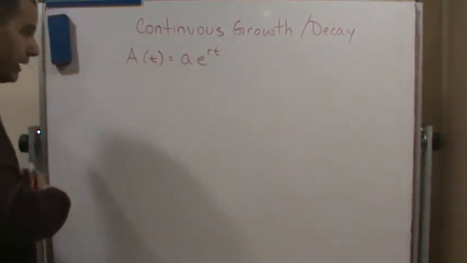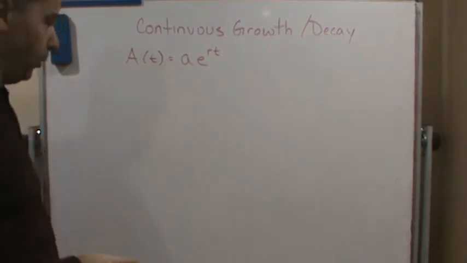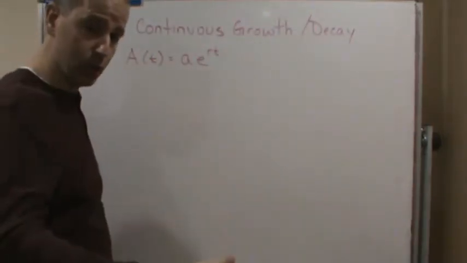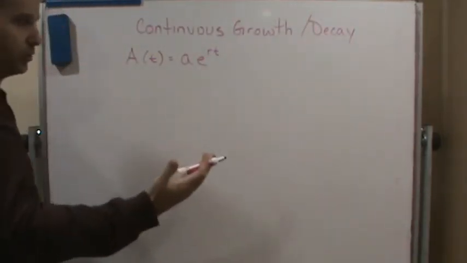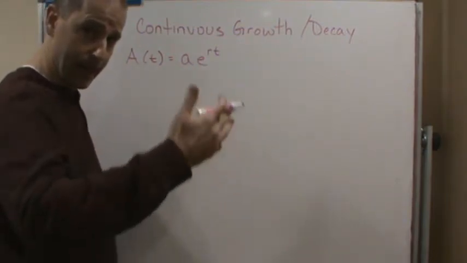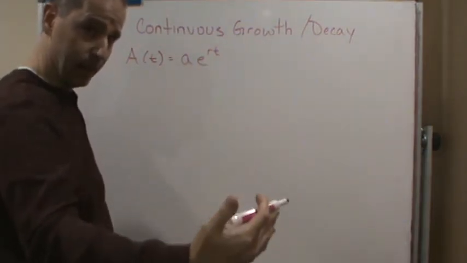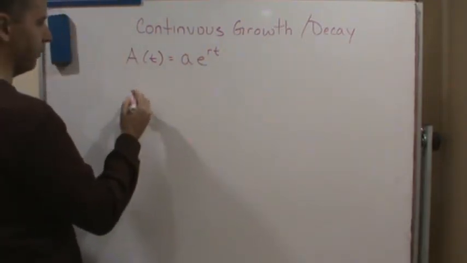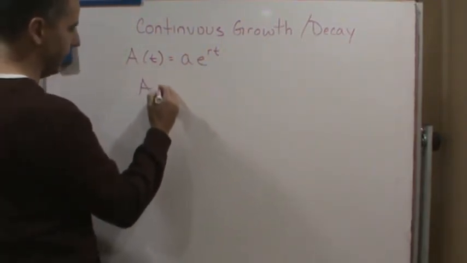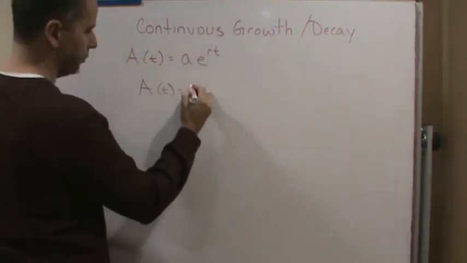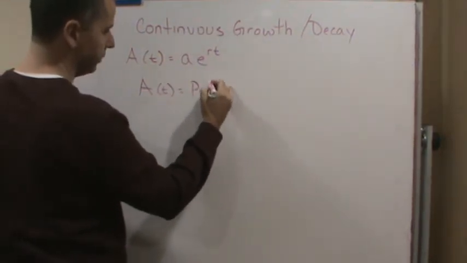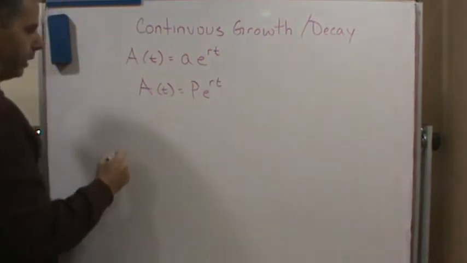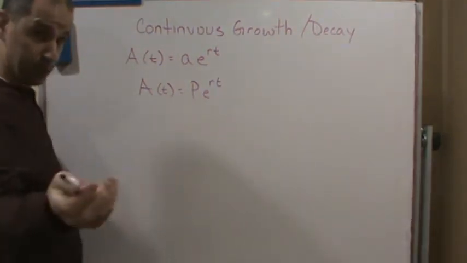Okay, so now in the realm of finances, though, when you're talking about investments, loans, and things like that, and you're talking about continuous growth on a loan or on an investment, then it would look like this: A of T equals P e to the RT, where P is the principal.